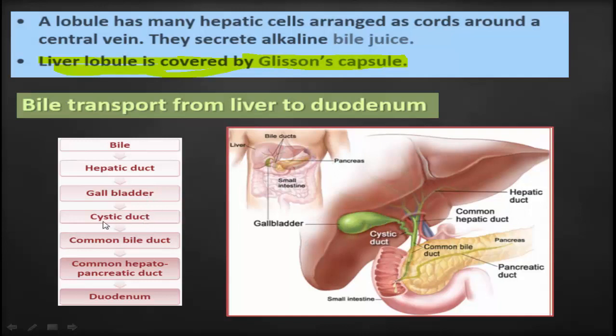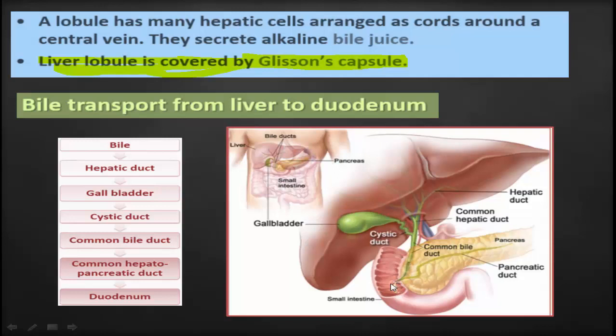The duct of the gallbladder is called cystic duct. Here you can see the labeling. This is the gallbladder and this is the cystic duct, and from gallbladder the bile is transported into cystic duct. Then from cystic duct to common bile duct. This is the common bile duct, and from the common bile duct, the common hepatopancreatic duct.